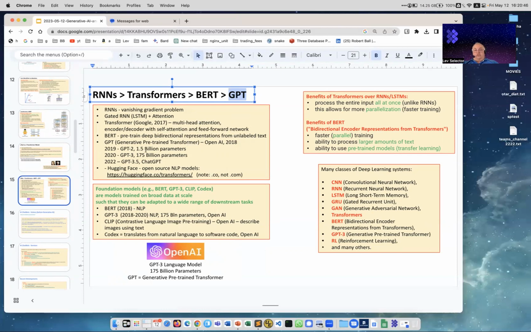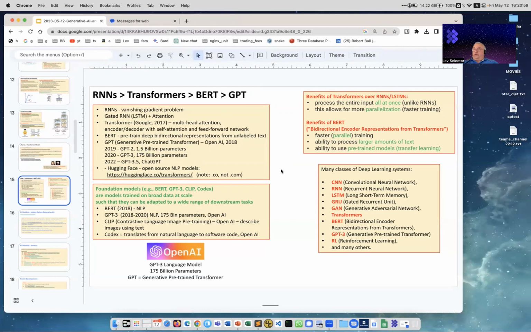Here it talks about how the number of parameters was growing. Hugging Face is a very famous website where people go to get the models. On one of our previous seminars, Boris was talking about a search engine for images, and he was taking a model and retraining it a little bit from Hugging Face.